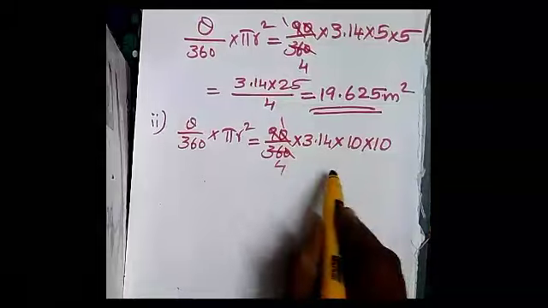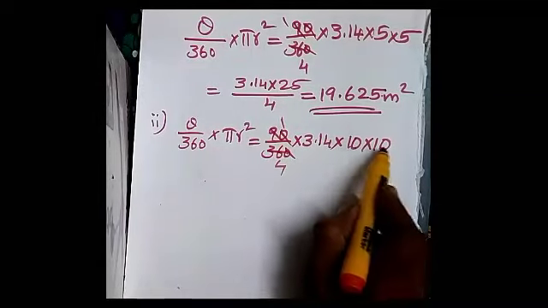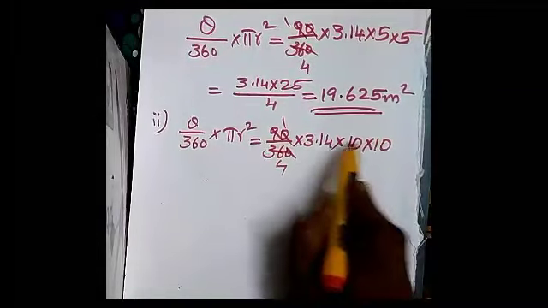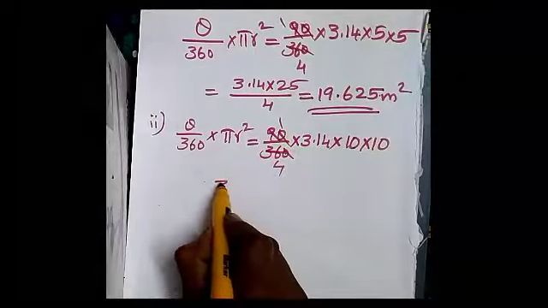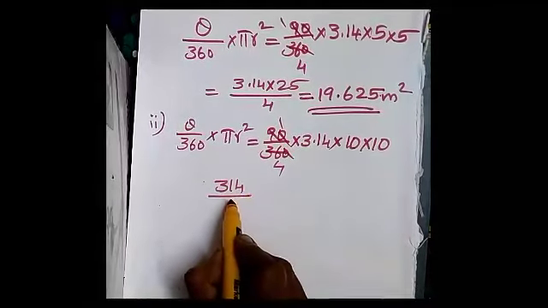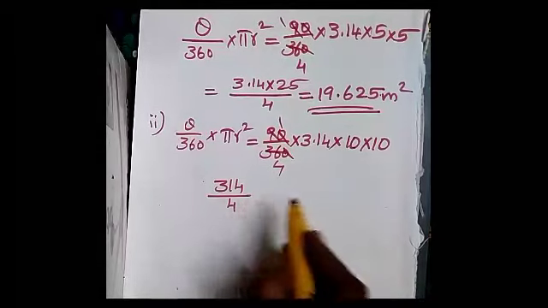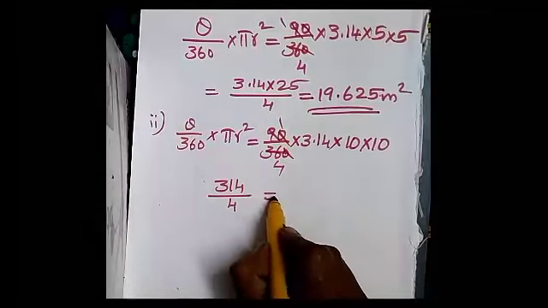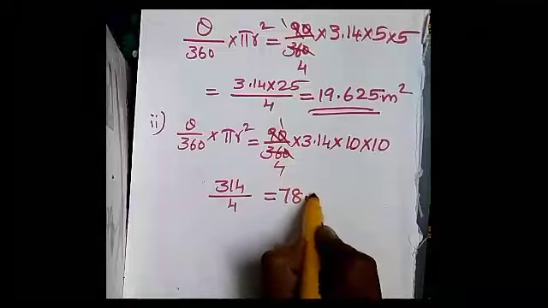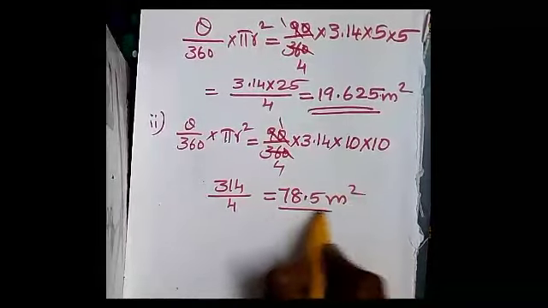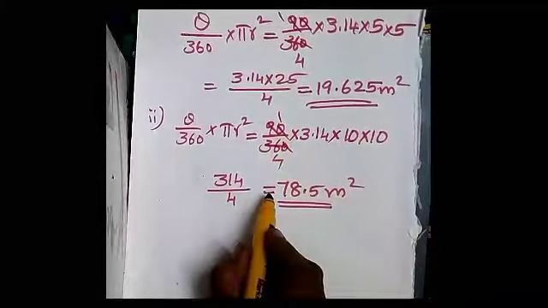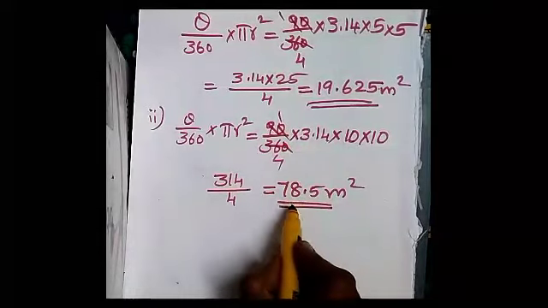Here it is 1 by 4. 3.14 into 100 is 314 by 4, and that answer is same as 78.5 meter square.